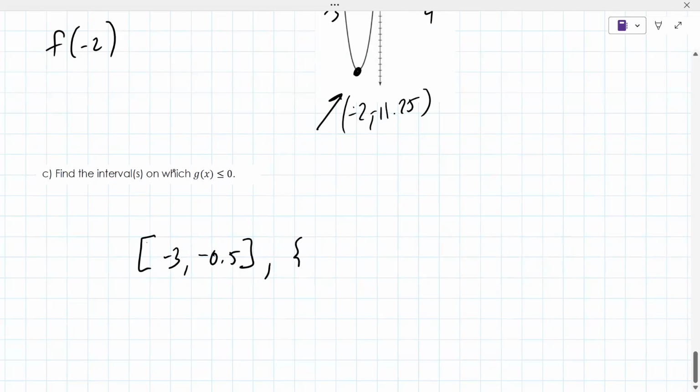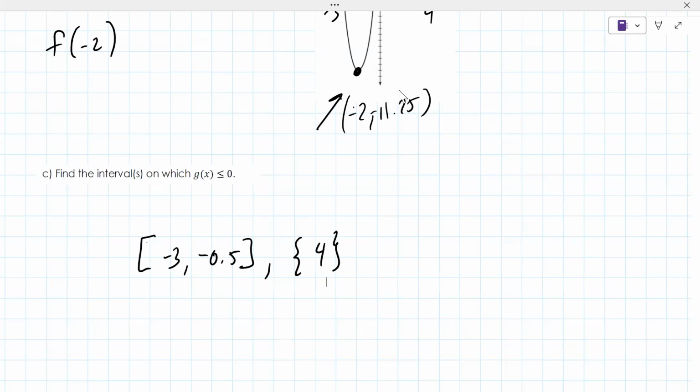Now there's also this point over here at 4 to include. I don't know if you got that. Oh yeah, because it's included. Yeah, I see that. It's technically still on the 0.